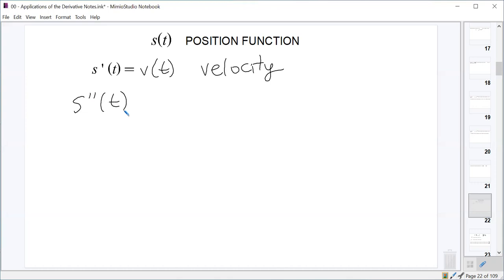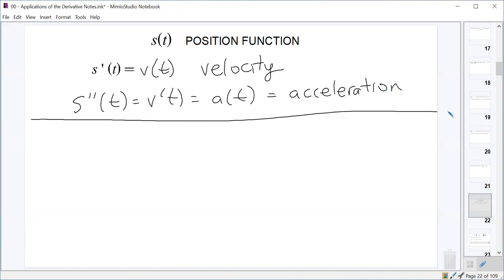So the second derivative of position, or the derivative of velocity, ought to be a function a of t, which is the acceleration function. Now for our class, we're not going to go any further than that. Just need to know that the derivative of position is velocity and the derivative of velocity is acceleration.